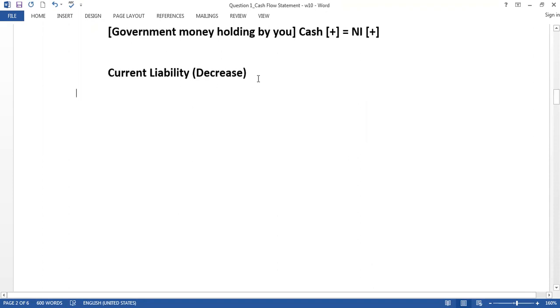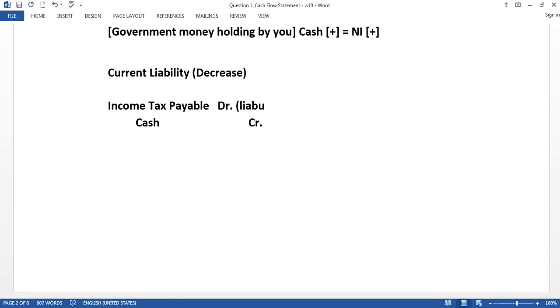Look at the journal now. Income tax payable debit, and cash credit. So this example says that liability decreases.